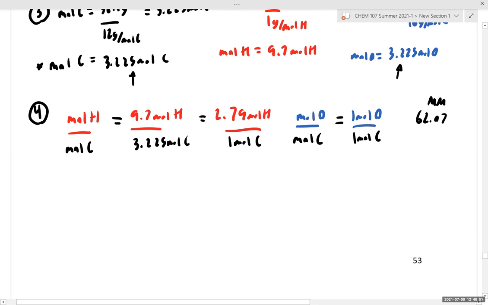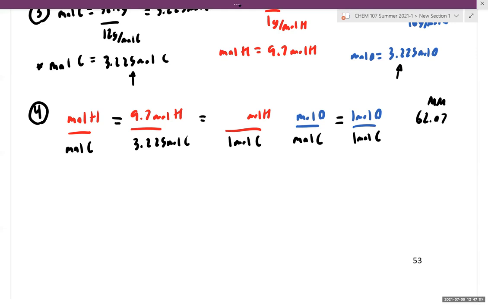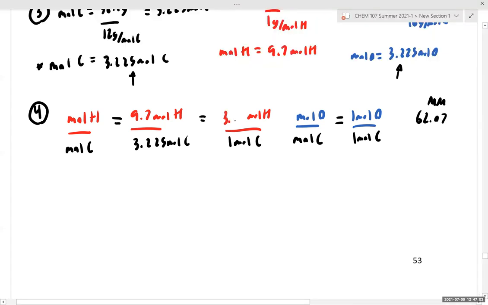So now looking at our moles. Oh, the ratio of hydrogen to carbon is 3.00. Okay. So we can write out an empirical formula of C1 because we have 1 mole of carbon, H3 because we have 3 moles of hydrogen, O1 because we have 1 mole of oxygen. So CH3O would be our empirical formula.